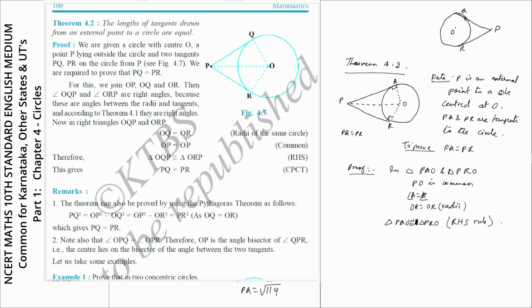That means one right angle is equal, and hypotenuse is also equal, and one side is equal. Therefore these two triangles are congruent. Therefore the remaining corresponding sides should be equal. Therefore PR will be equal to PQ.